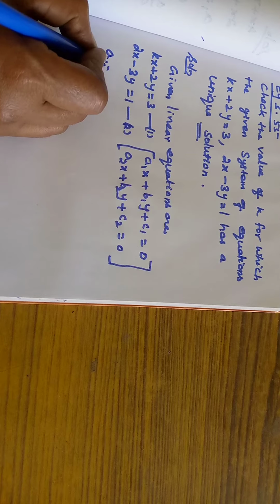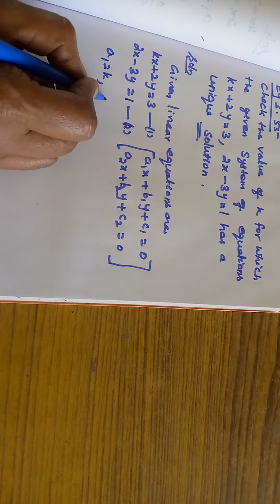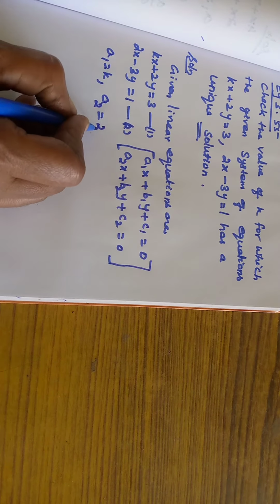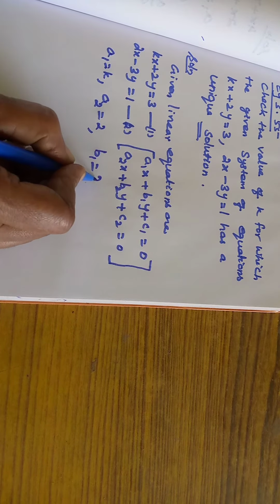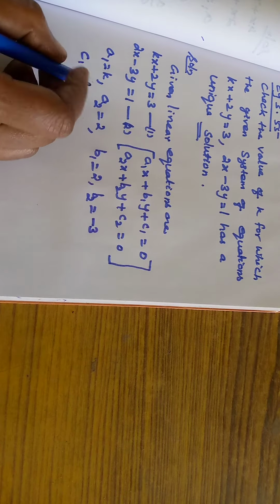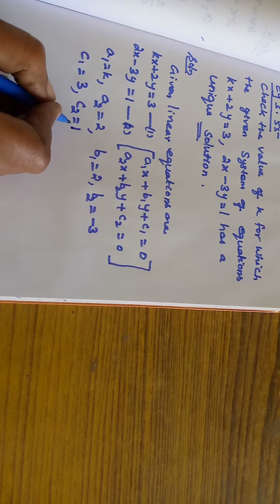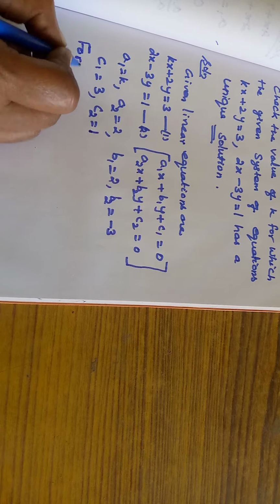So here let us write the values of a1, a2, b1, b2, c1, c2. Here a1 is equal to the coefficient of x term, that is k, a2 is equal to the coefficient of x in the second equation, 2. Then b1 is equal to the coefficient of y term, that is 2, and b2 is equal to the coefficient of y term in the second equation, minus 3. c1 equal to 3 and c2 is equal to 1.